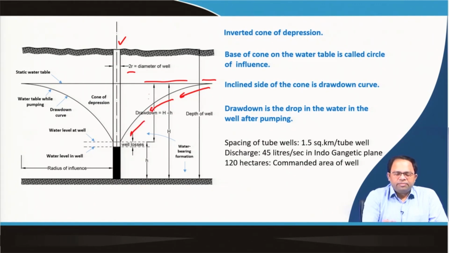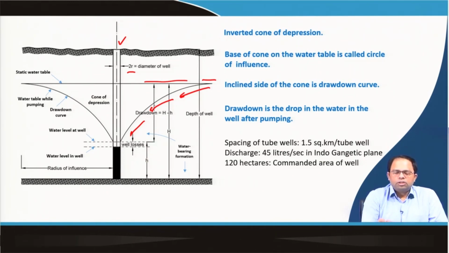This difference is known as the drawdown, which is big H. This is the height of the static water table, and the small h is the level of water after pumping.